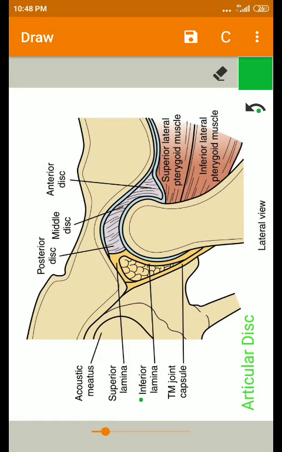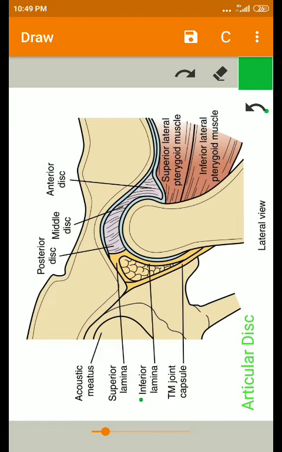This one is the superior temporomandibular joint and this is the inferior temporomandibular joint. All these movements in the superior and inferior temporomandibular joints on both sides work simultaneously in mandibular motions.